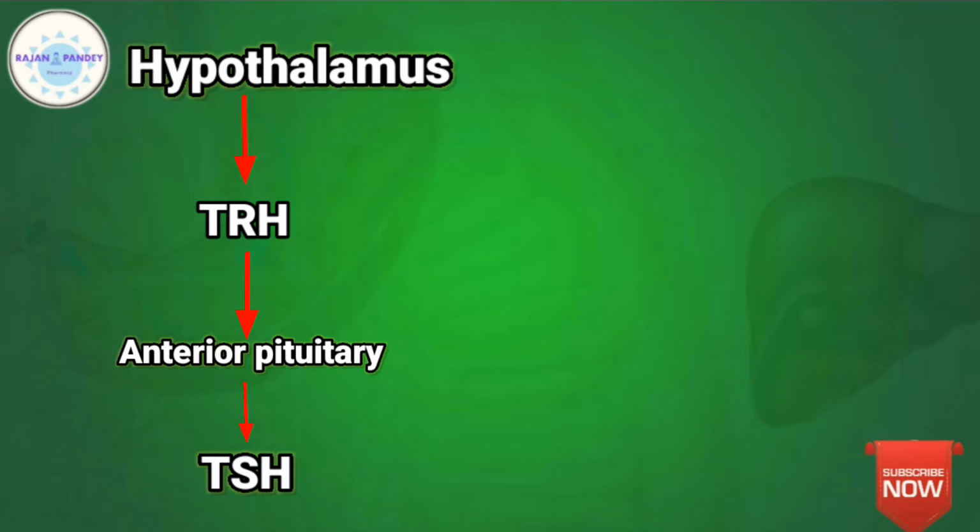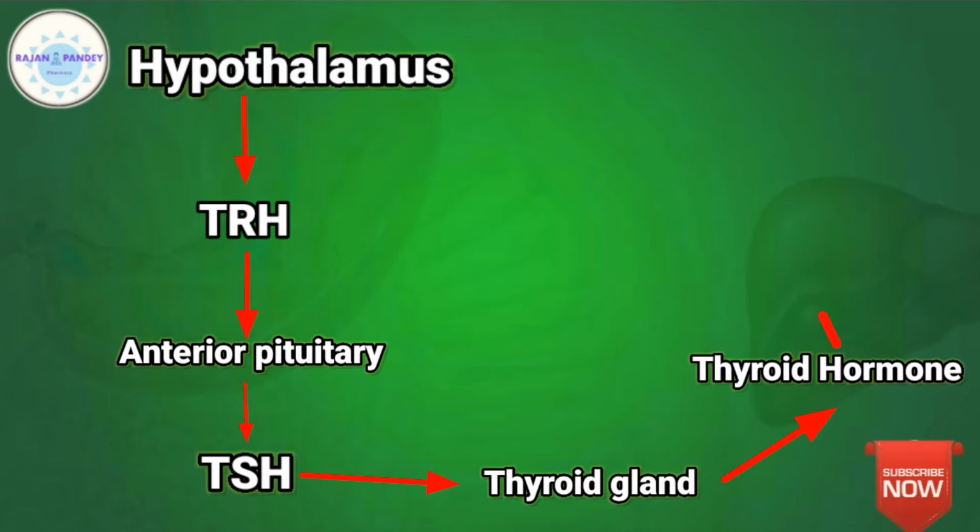This thyroid stimulating hormone stimulates the thyroid gland. After that, the thyroid secretes the thyroid hormones, which are T3 and T4. These T3 and T4 levels are raised in blood. Then these hormones are used by most body cells, and this raised level of thyroid hormone inhibits the hypothalamus and the above secretion is stopped.